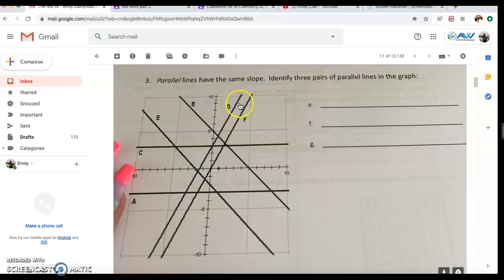I think the most obvious pair, because they're so close together, are D and F. We can see that those two lines are traveling in the same direction. They're slanting the same way. They're never going to cross each other. That makes them parallel. So one of my answers here could be D and F. Then you just have to pick out the other 2 pairs of parallel lines and write them down. There's no particular order you need to write them in, but your first answer there could be lines D and F.